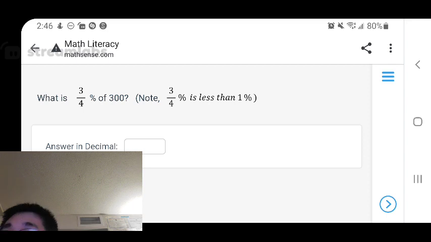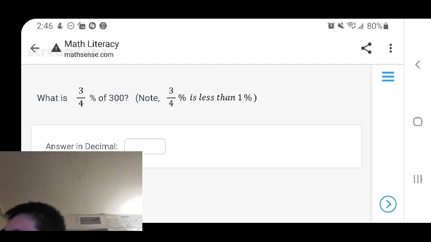So 3/4 is just 3 over 4 times 3. That would be 9 over 4. You want it in a decimal. Oh, okay, that's why. It's like 2.25.